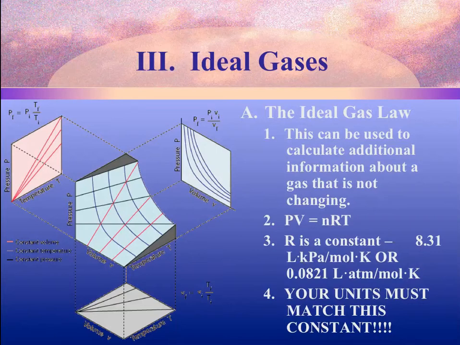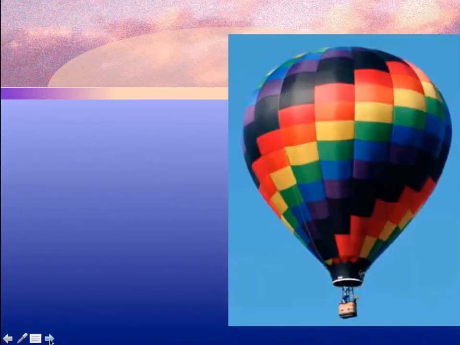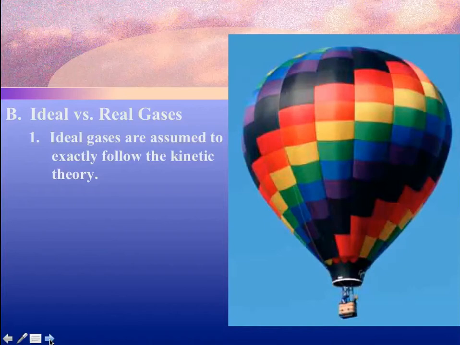Remember, 1 atmosphere is equal to 101.3 kilopascals. So there's a unit difference. We essentially multiply it times 100, and you get that difference. So your units must match the constant. That's one of the key ideas here. So if we have one gas that's not changing, we use the ideal gas law.